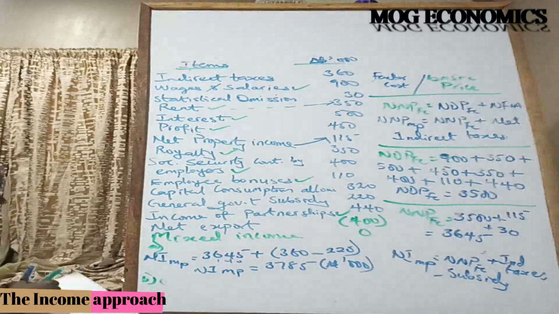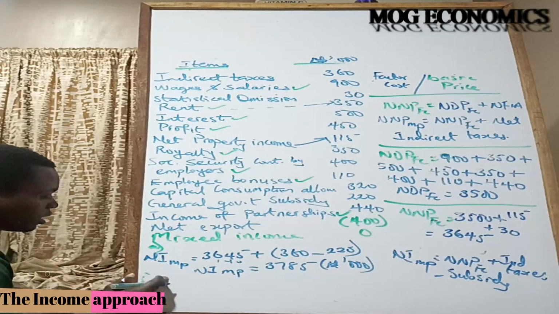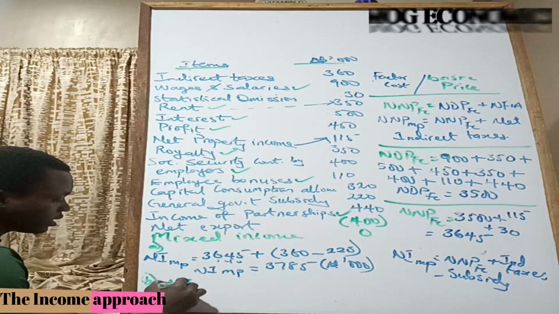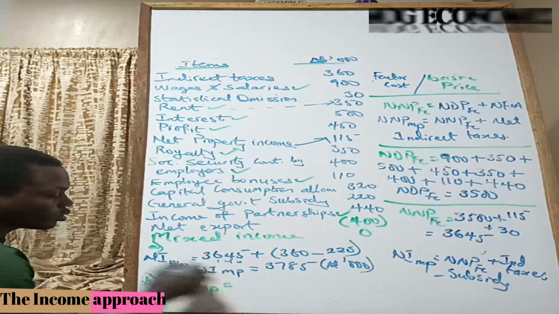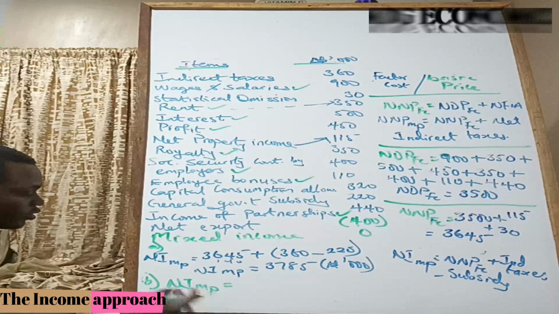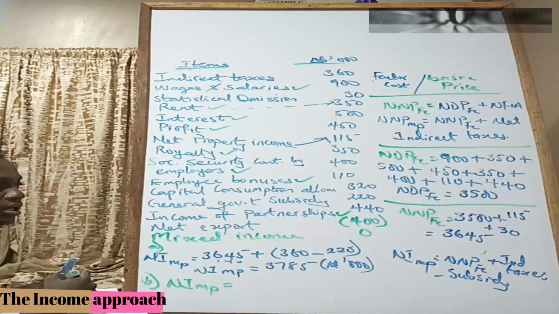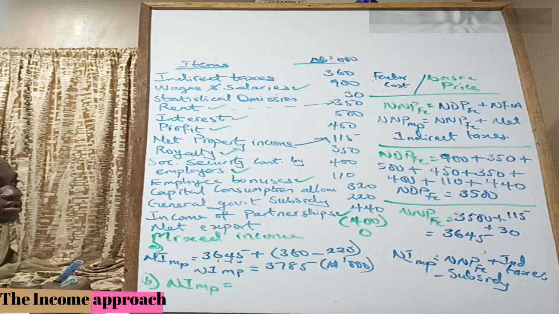There's a formula that connects national income and GDP. National income at market price is going to be equal to, since we already got our national income first, remember NNP is net national product, and net national product is also gross national product minus depreciation.